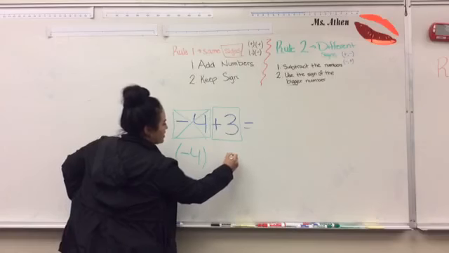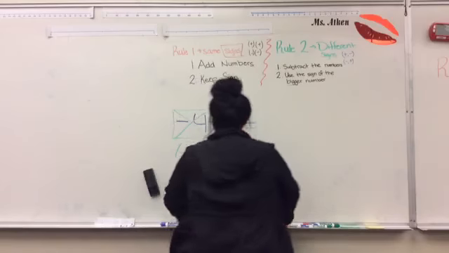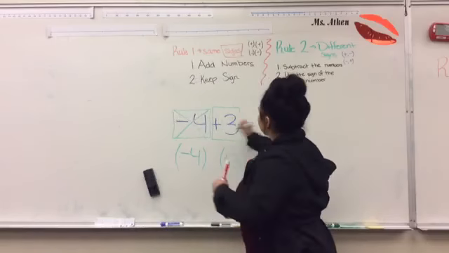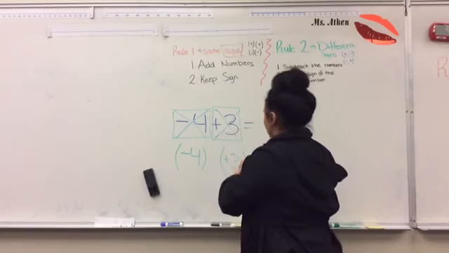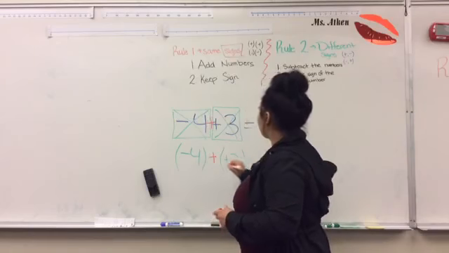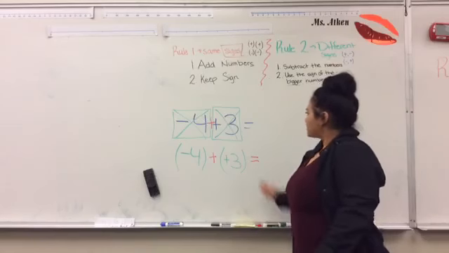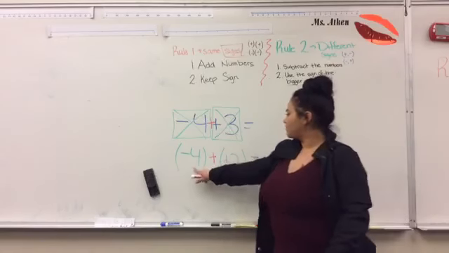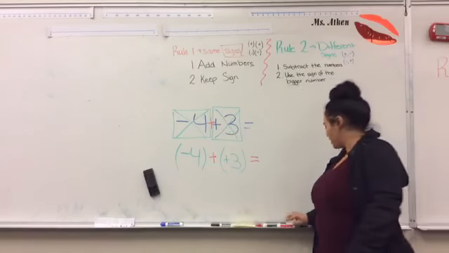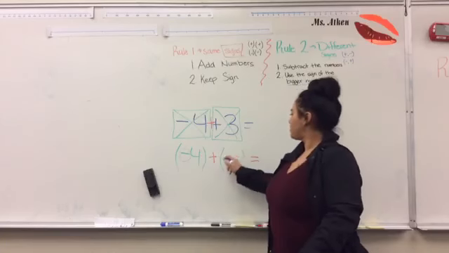There is no sign in the middle, but I know that I have to put a plus. It's always going to be a plus. So now I have something I can work with. I have -4 plus +3. So my signs are a negative and a positive.